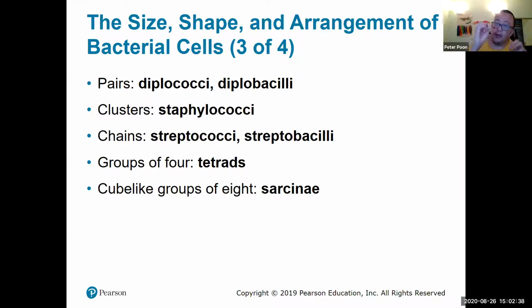Staphylococci, circular bacteria in a cluster. Streptococci means chain, so a chain of circles. Tetrads are 4. Sarcinae, which are more rare, groups of 8.